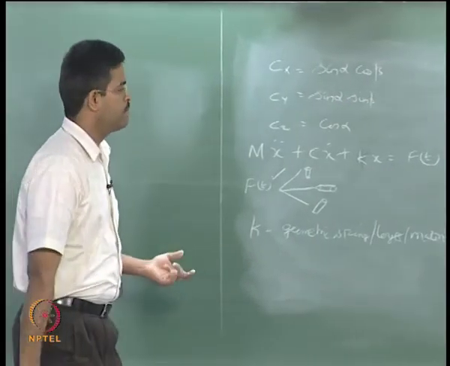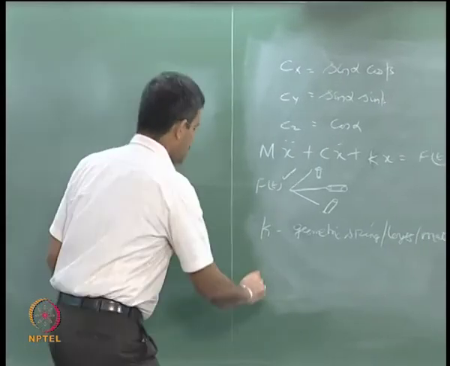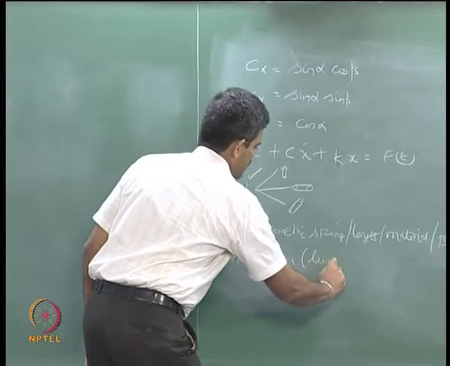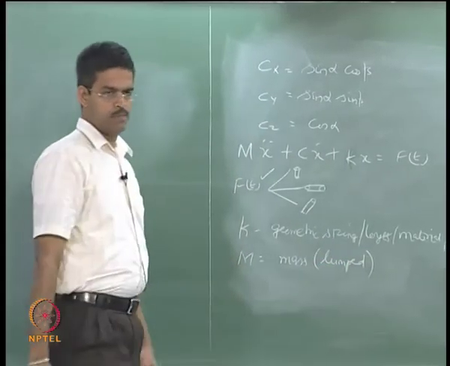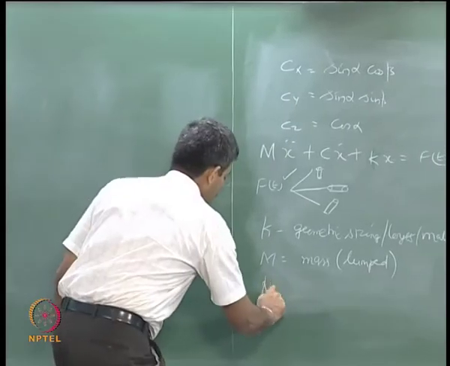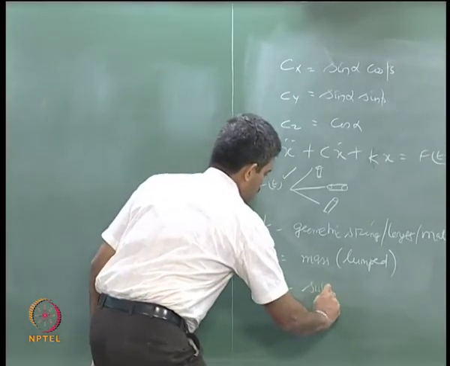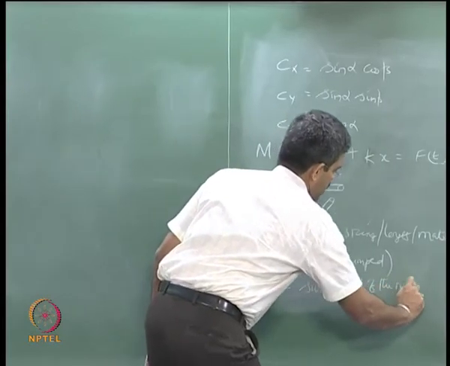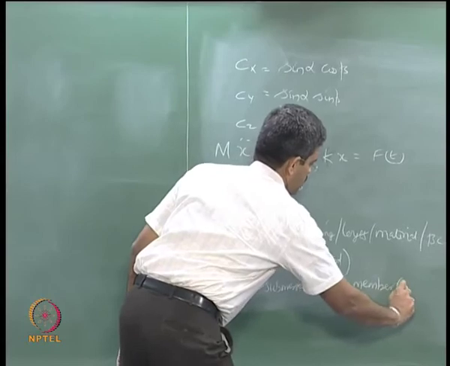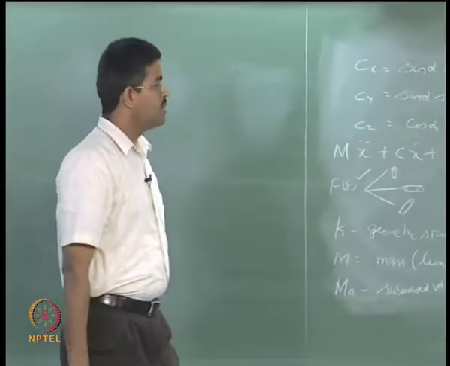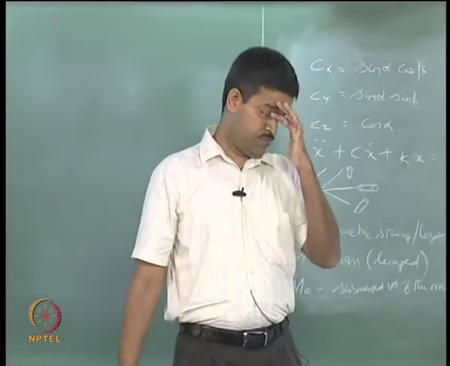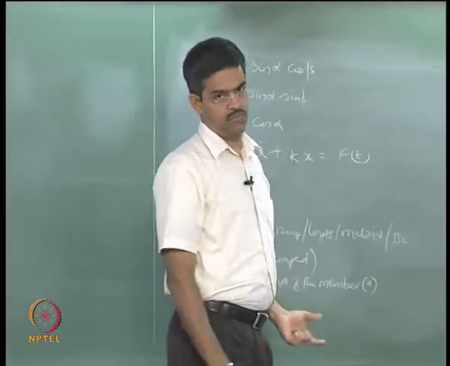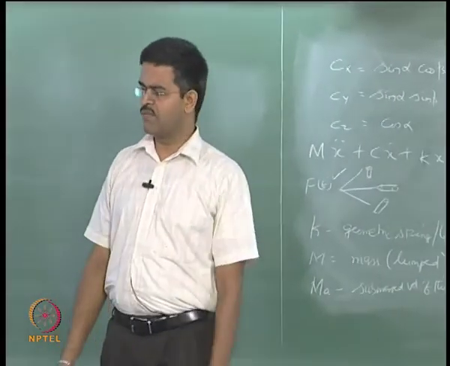I can estimate k, and of course, m depends on the mass, which is lumped as per your choice, and ma depends on the submerged volume of the member or members in a system. So, my whole equation of motion is now known. I can solve this equation of motion to get my response values, which are x of t, what I will be getting from the solution of this.